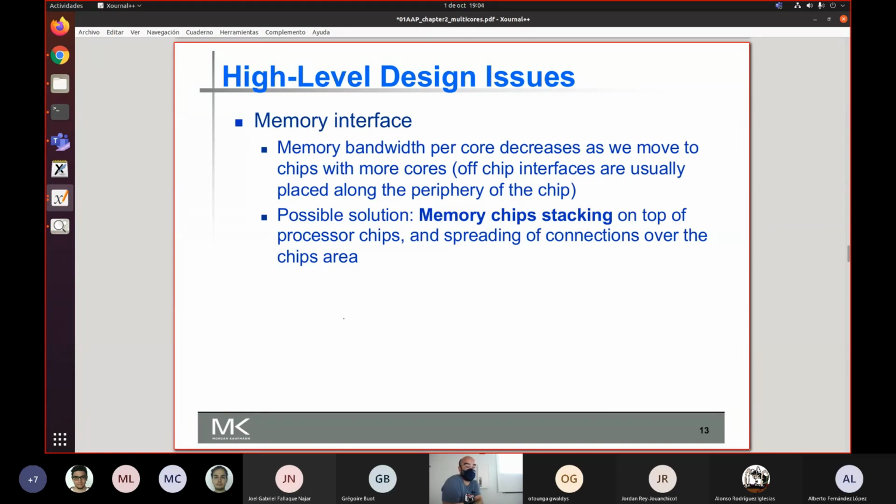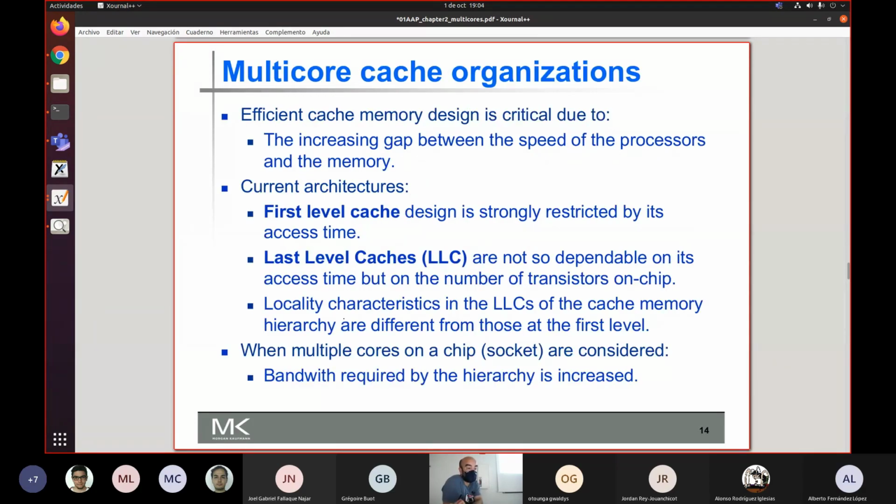Something that you can check in Wikichip, on the website, is the different cache organizations, okay? So normally, when you have a multi-core computer, you are going to have different levels of cache, normally 3, okay? But in mobile processors, sometimes you have just 2.